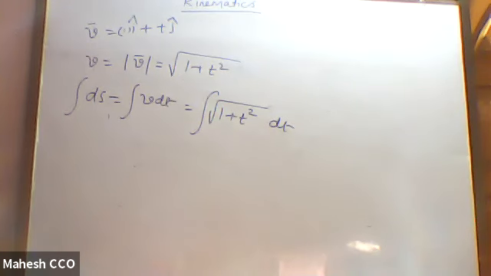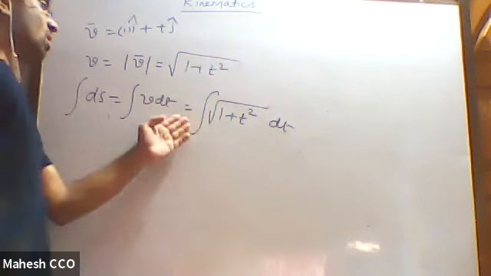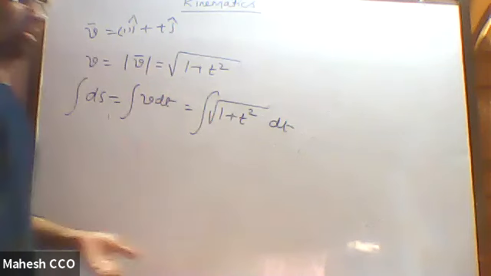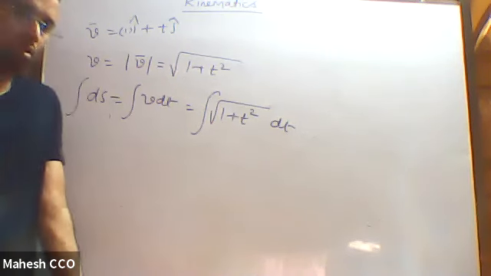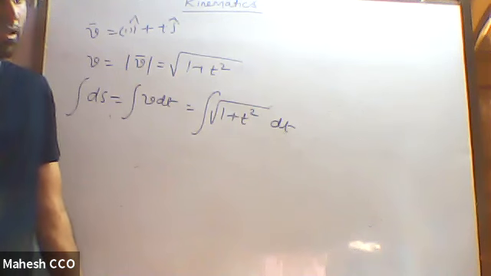For example, we can take a substitution. In substitution, t is equal to some tan theta or something. If you substitute, you may be able to integrate this.